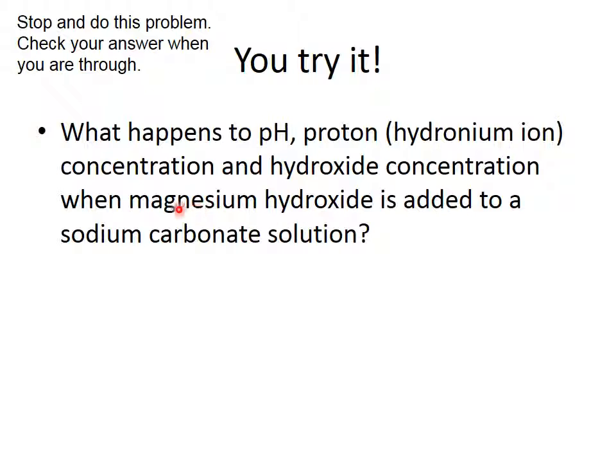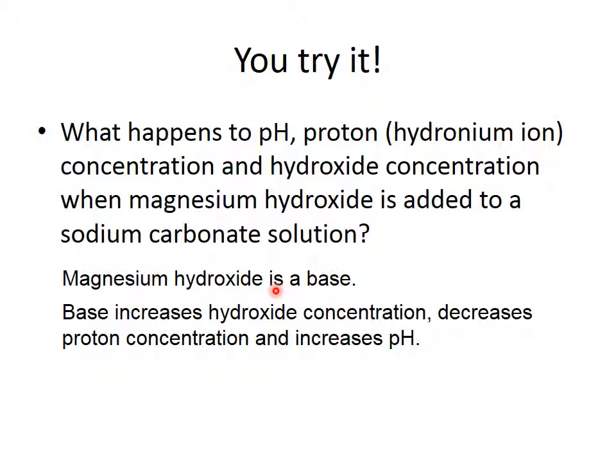Magnesium hydroxide is a metal hydroxide, so it's a base. What happens when you add a base to water? Hydroxide concentration is going to increase and your proton concentration is going to decrease. So your pH is going to go up. Because magnesium hydroxide is a base, the hydroxide concentration increases, the proton concentration decreases, and pH increases.